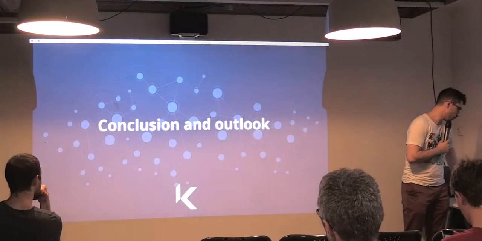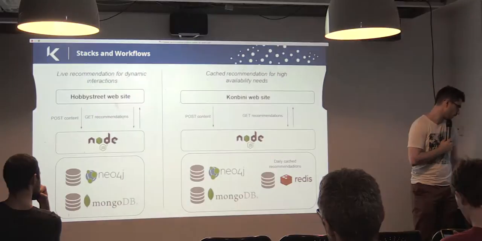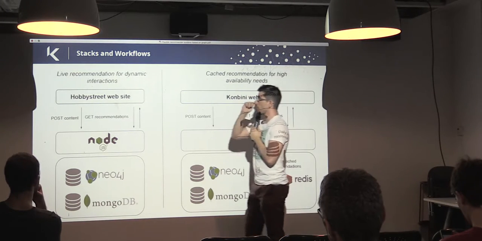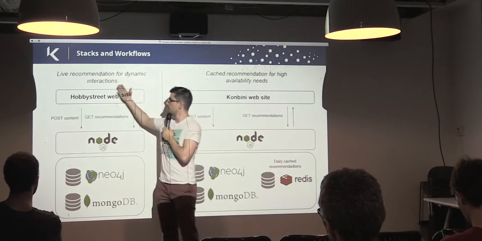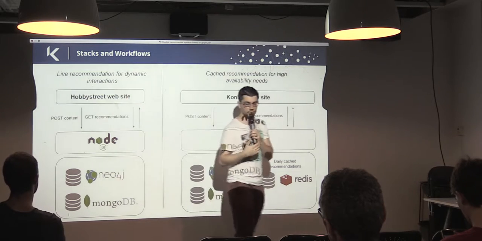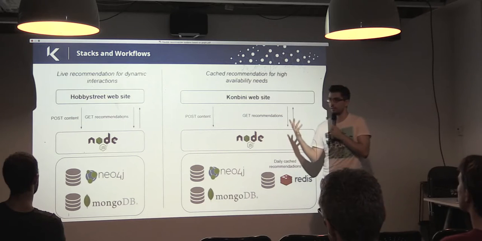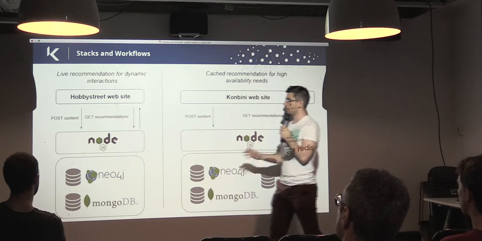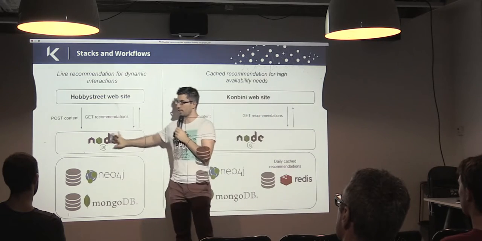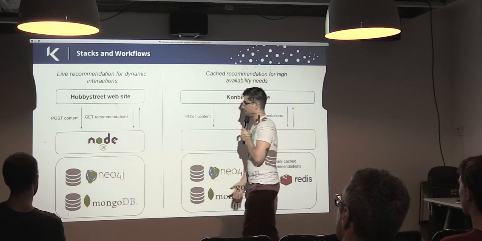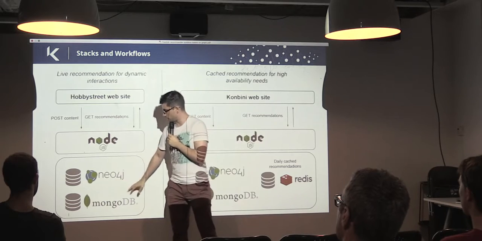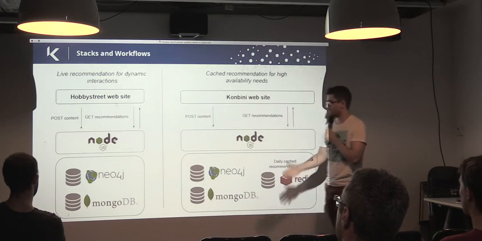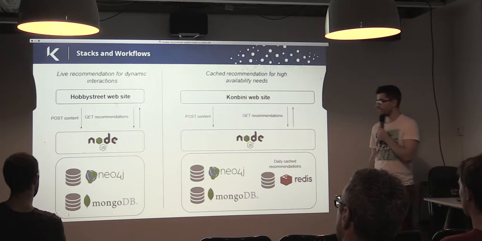So to conclude and to give you some outlook, we saw two kinds of recommender system. The first one is more like a live recommendation system for dynamic interaction, the case of OB Street. And what we did, in fact, is to create an application based on Node.js that leverages two NoSQL databases: Neo4j for the graph database and MongoDB for the storage of text.